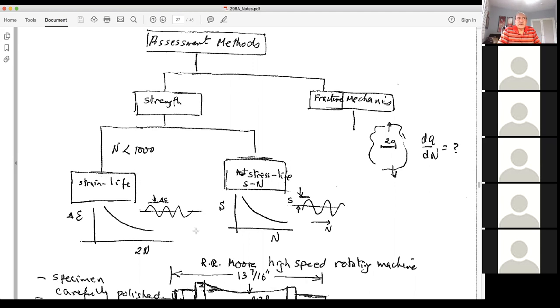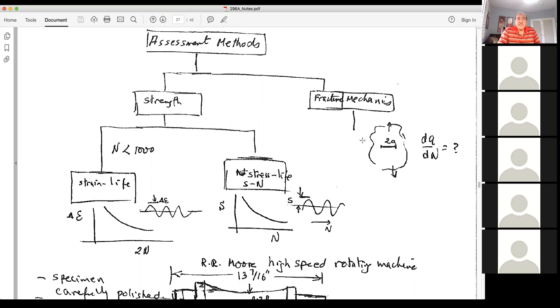So the other strength-based method is the standard SN method that we emphasized. And that is the applied stress range versus the number of cycles. And the applied stress range means the amplitude for a fully reversed load as a number of cycles. So that's the second method.